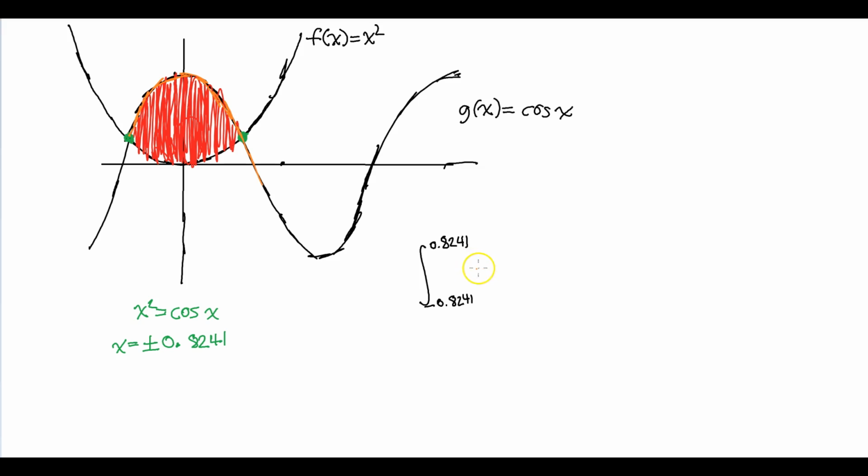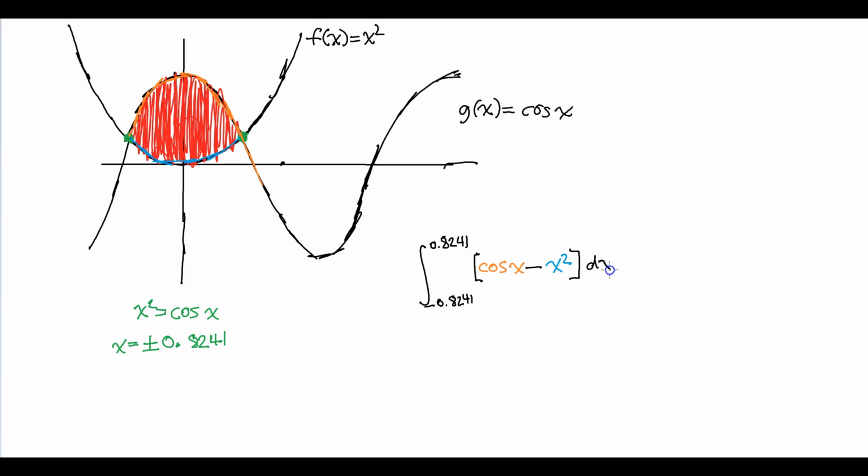So our top function is cosine of x minus our bottom function. Our bottom function noted by blue is x squared. So the integral itself is not that hard to evaluate, okay?